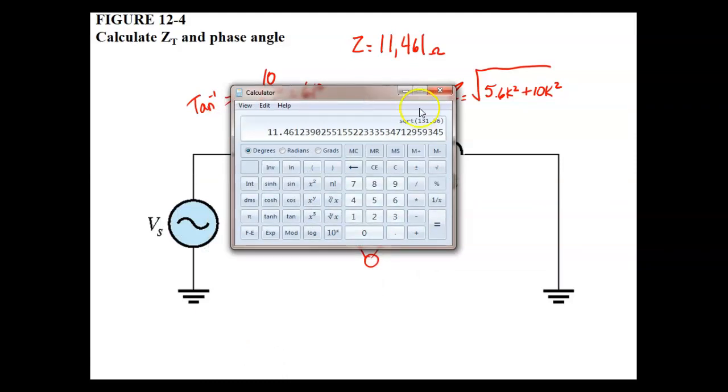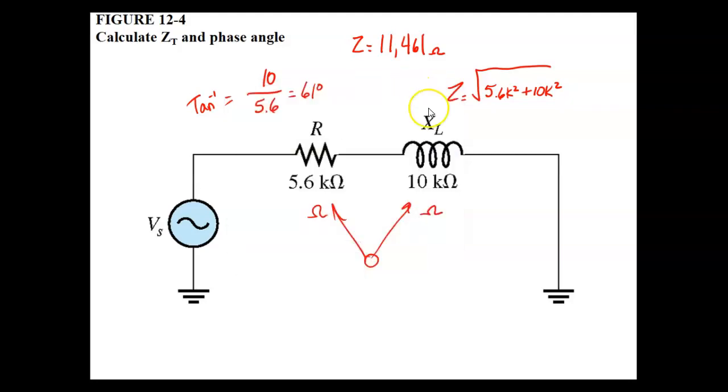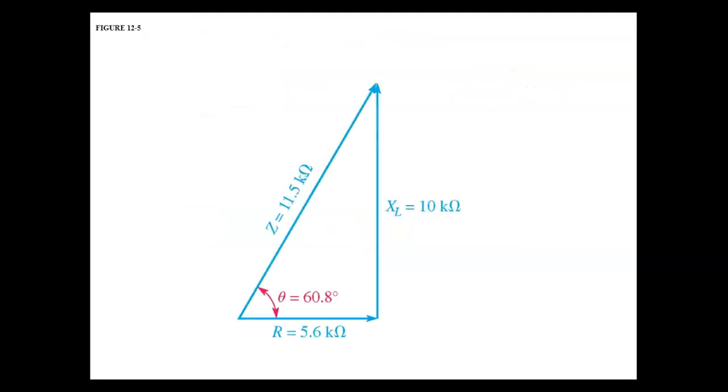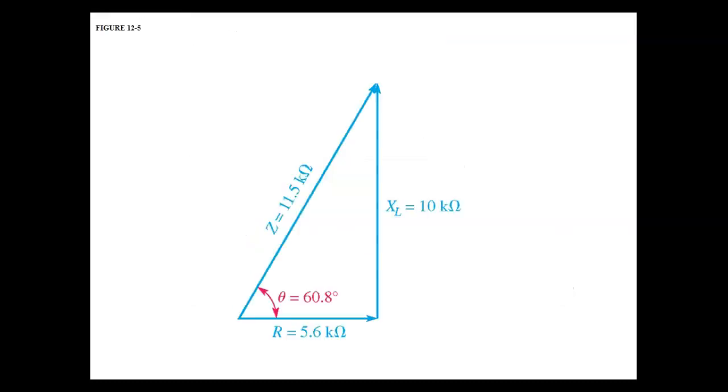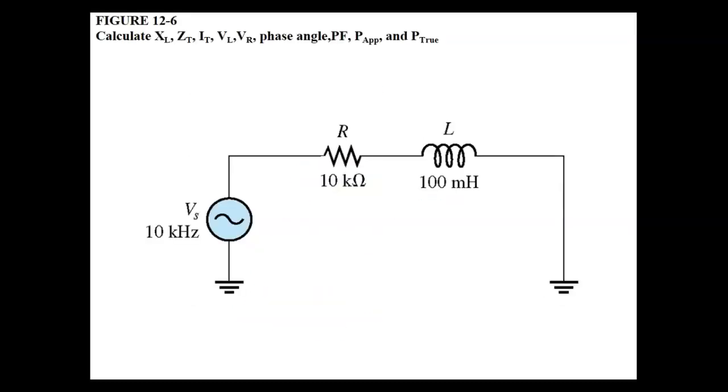There you go, you got it now? Good. And we can measure this one with the oscilloscope. We just have to reverse the capacitor and the inductor. 60.8 is what they came up with.